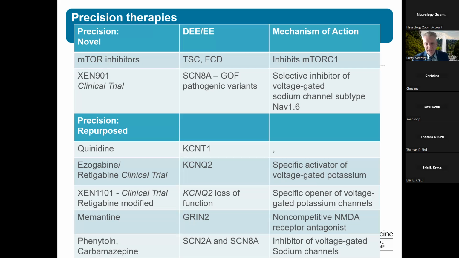And again, as I mentioned, phenytoin and carbamazepine are extremely effective for patients that have SCN2A and SCN8A. So a sodium channel drug actually helps with certain pathogenic variants of sodium channel disorders.